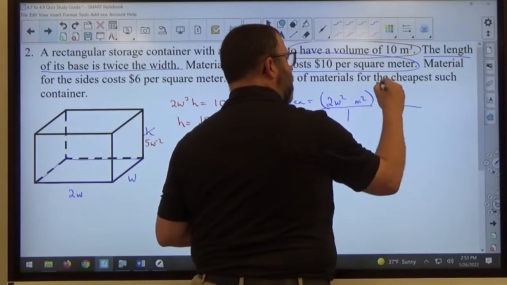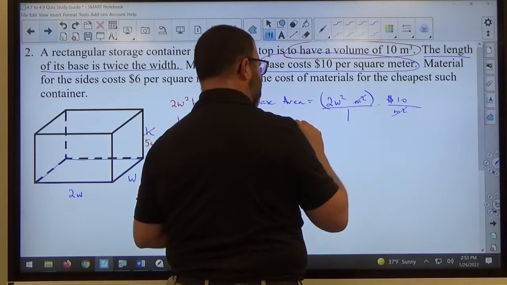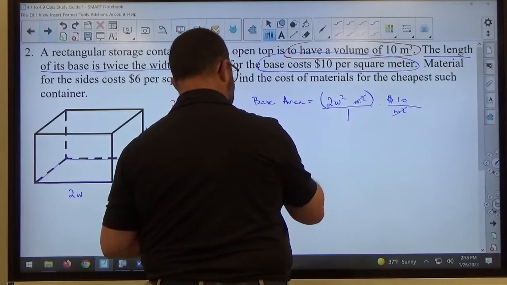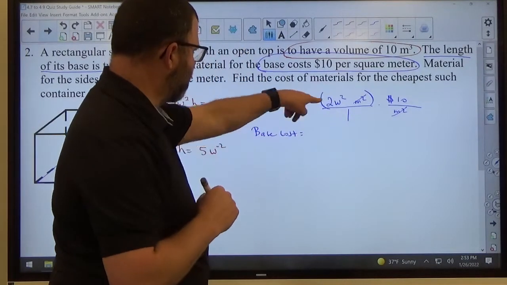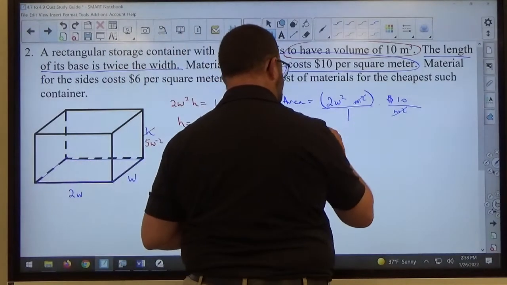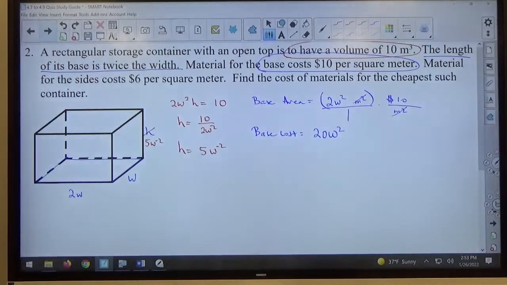If it costs $10 per square meter, we end up with the cost of the base is going to be 10 times 2W squared, so 20W squared dollars. I'm going to leave the dollar sign off.